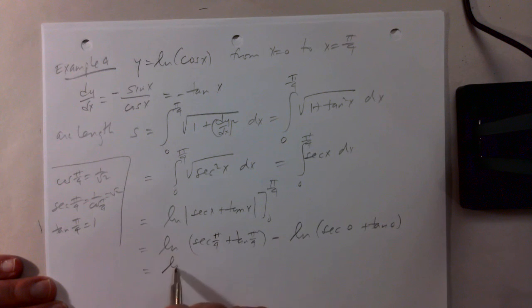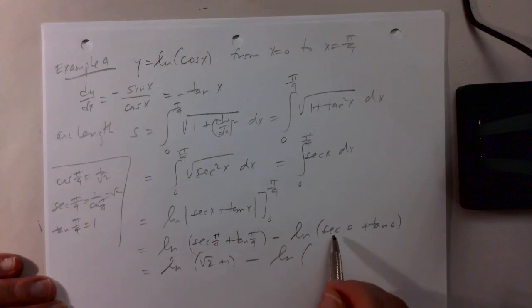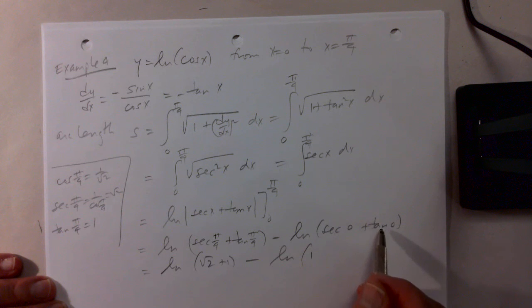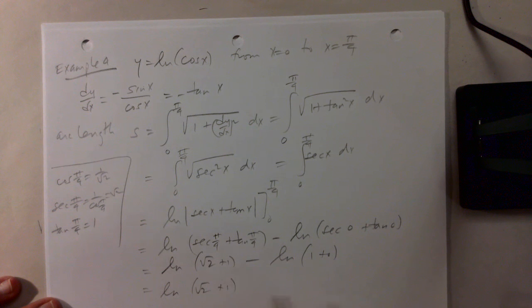So this is the natural log of root 2 plus 1 minus the natural log. Secant of 0 is 1. Tangent of 0, sine over cosine, is 0. Log 1 is 0. So the answer is the natural log of the square root of 2 plus 1.